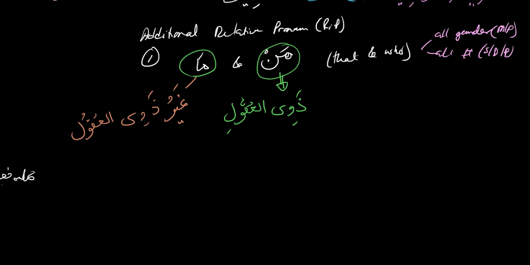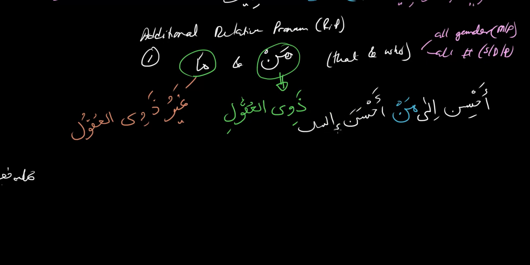So in this nice sentence, ahsin ila, and then here is the ism mawsula, man ahsana ilayka. Be good to the one who was good to you.